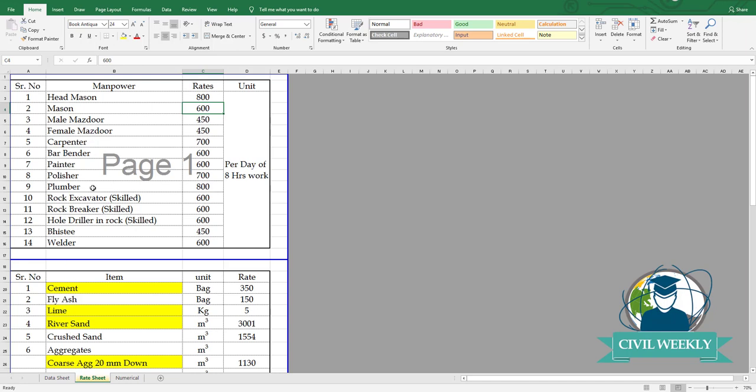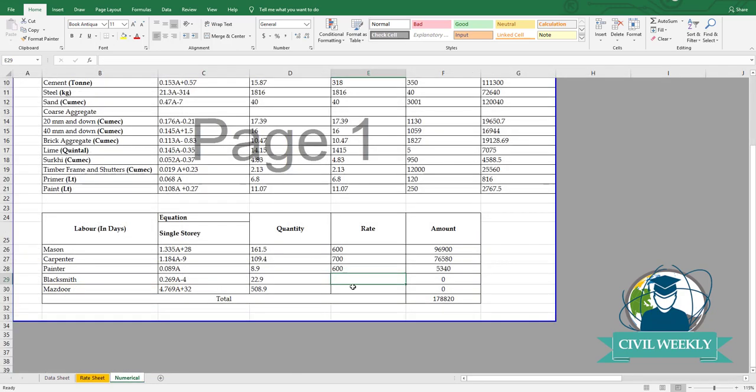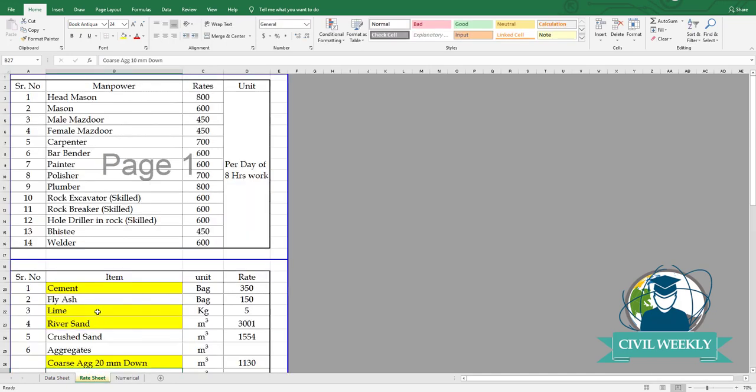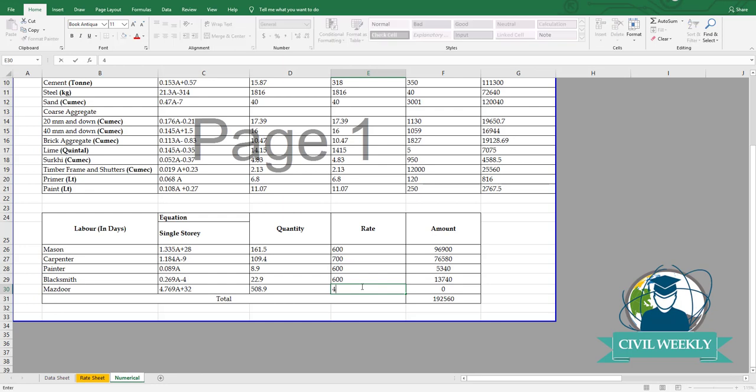So his rate is also 600 rupees per day. And the mazdoors, it can be male mazdoor also, it can be female mazdoor also. They are taking 450 rupees per day. So your rate of a mazdoor is 450 rupees.